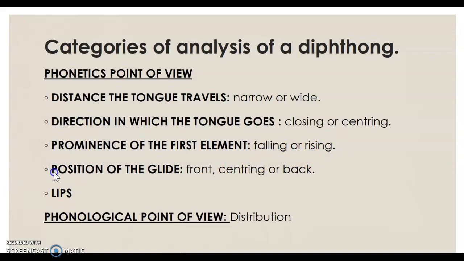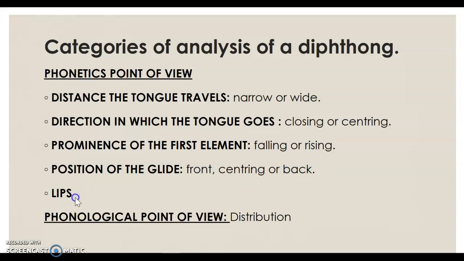When describing the position of the glide, we may say that a diphthong can be a front diphthong because the glide moves towards the front vowel, a centering diphthong because the glide moves towards the centering vowel, or a back diphthong because the glide moves towards a back sound.